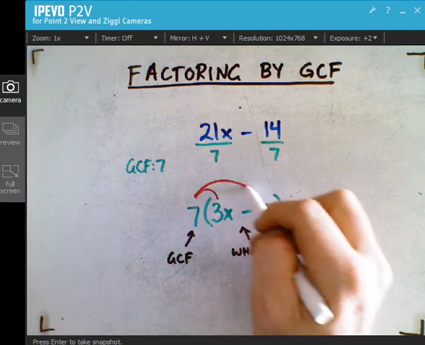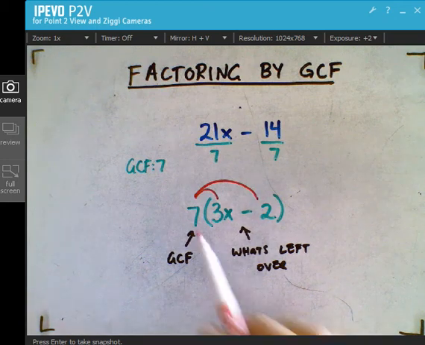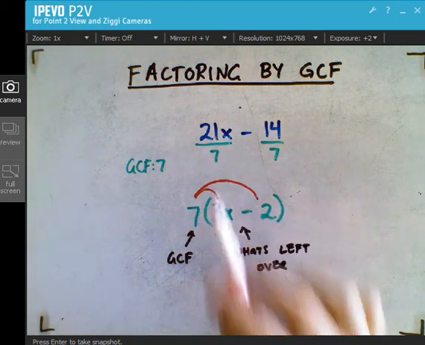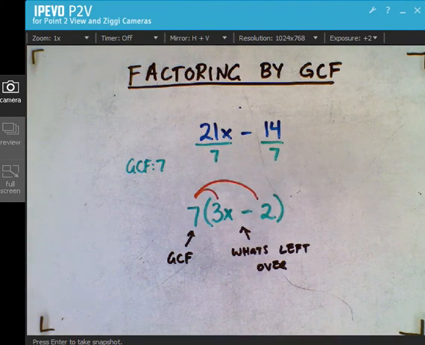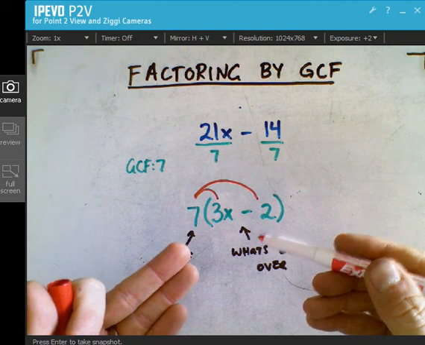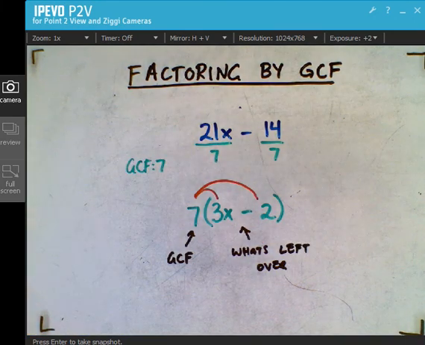If I multiply by distributing, 7 times 3x gives me 21x, 7 times negative 2 gives me minus 14. So that's how you can check this, by multiplying these 2 things together and making sure that you get your original problem.